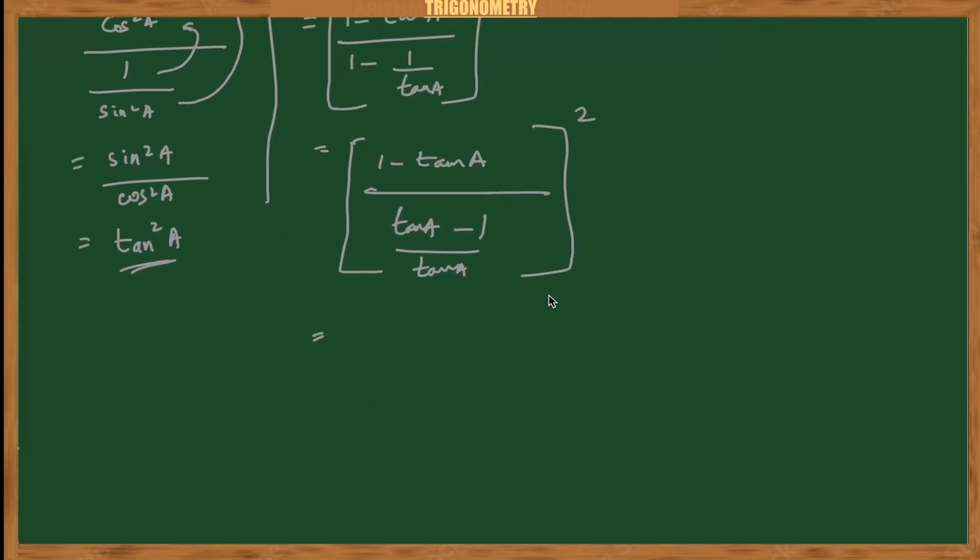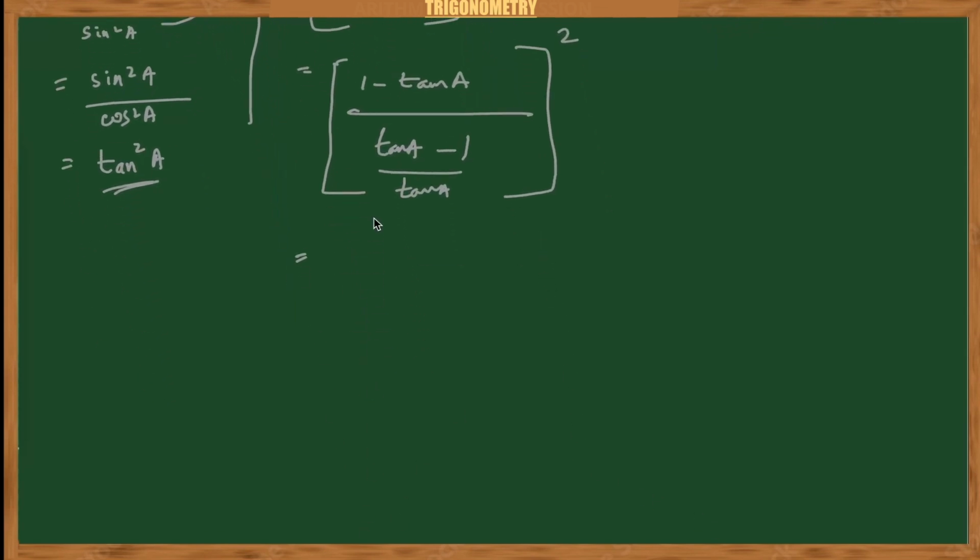Let's go further down the page. Here we can see there's a pattern: tan minus 1, 1 minus tan. If minus comes out, this can be subtracted.